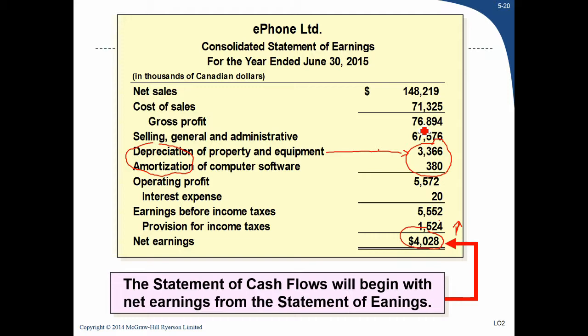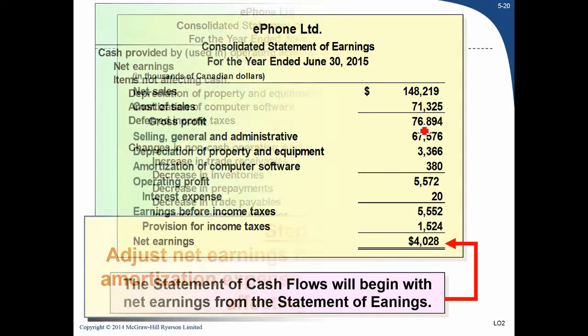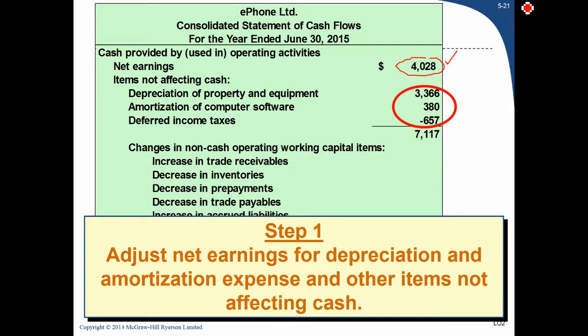So we have to add back the expense of depreciation and amortization. So do not worry about deferred income tax. I'm certain you don't need to know that. So don't worry about that. They're just showing that number here and I don't know why.